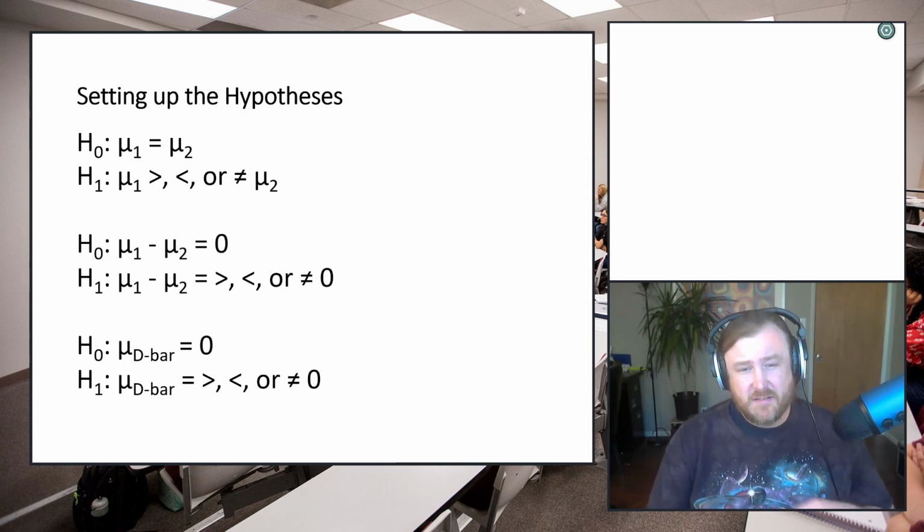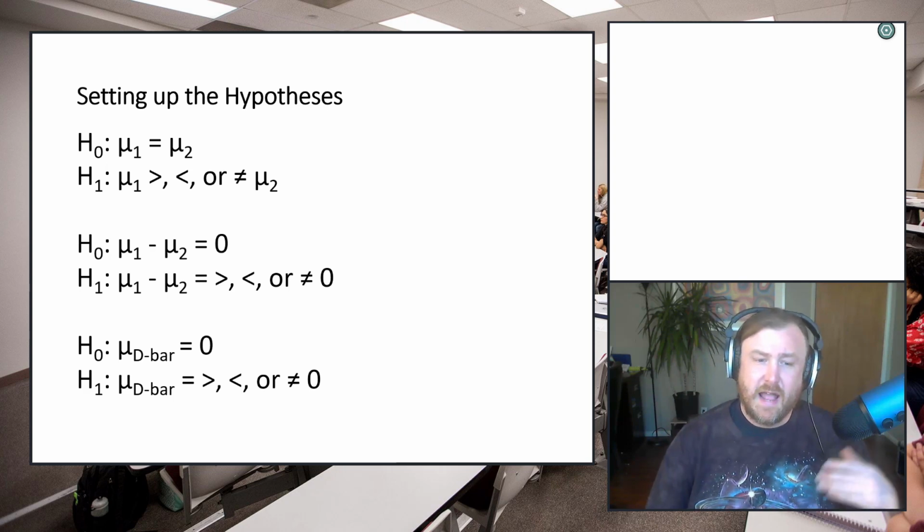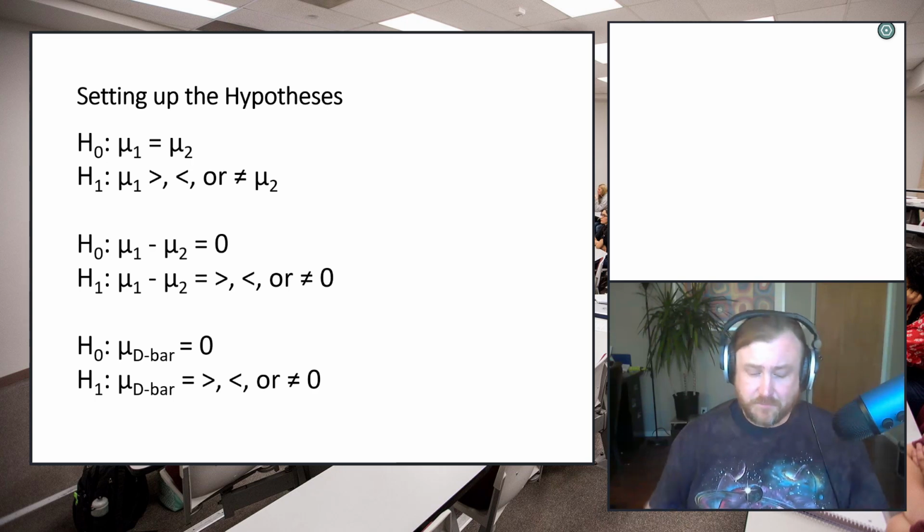So it just condenses it, and it says the mean of the difference between time 1 and time 2 is equal to 0. And for the alternative, the mean is either going to be greater than, less than, or not equal to.